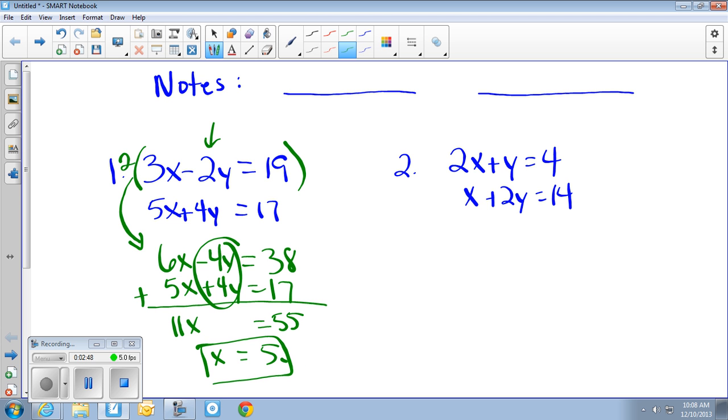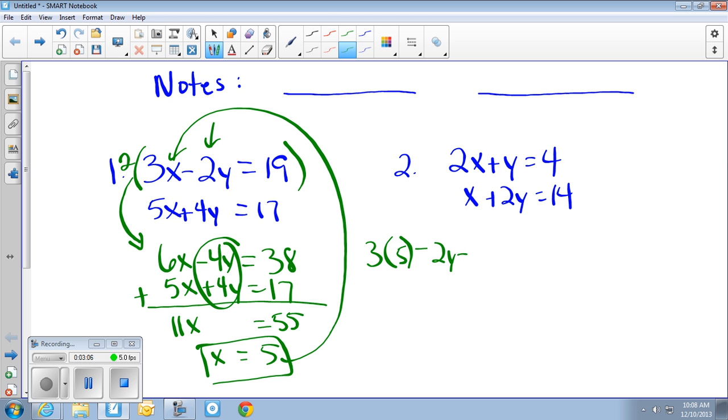Now I can just take that x and bring it back to one of my, or both of my, original equations to plug in for x to get my y variable. So I'm going to rewrite over here 3 times 5 now for x minus 2y is equal to 19. So that's 15 minus 2y is equal to 19.